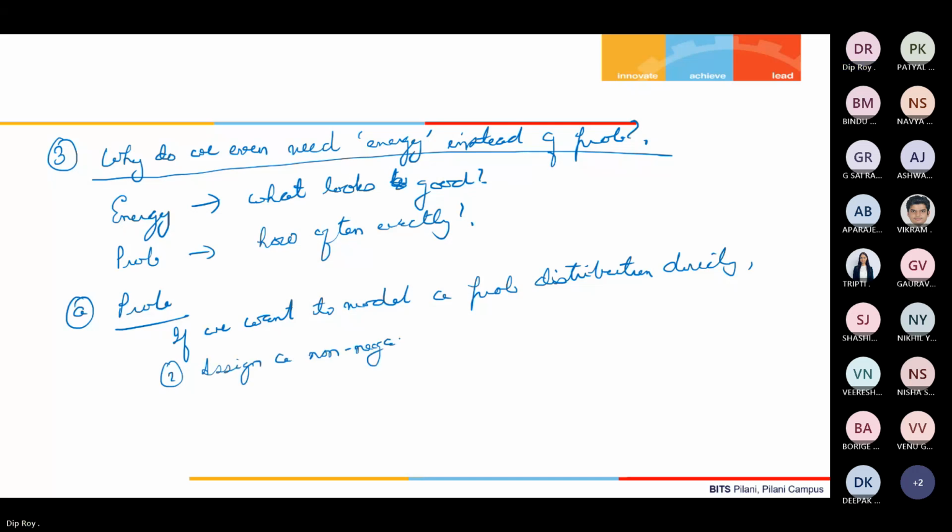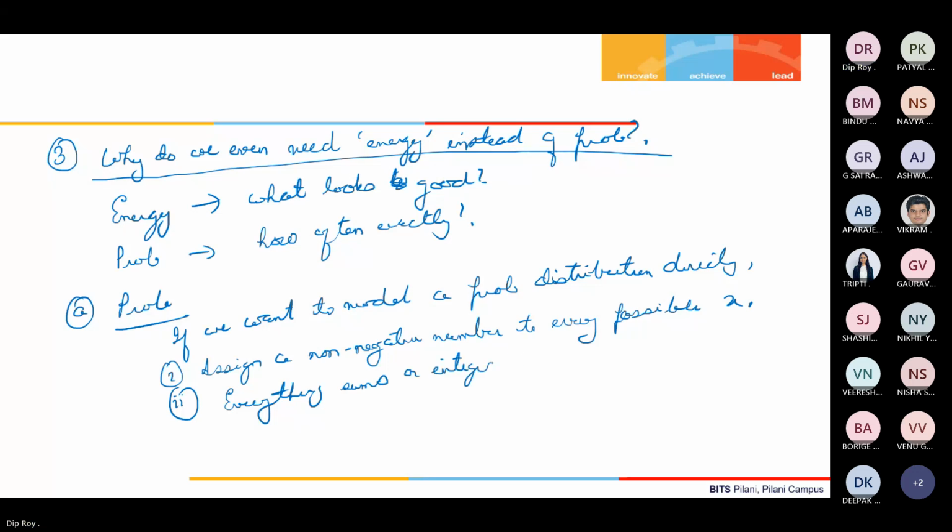The second thing is that everything sums or integrates to 1. That's a key property.